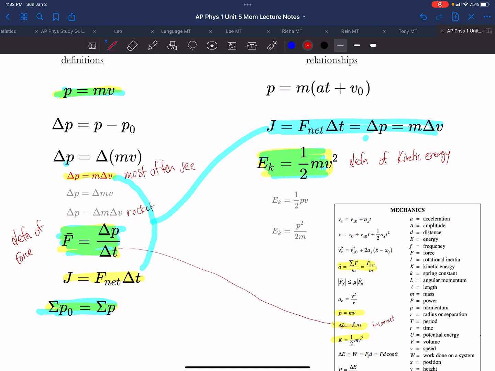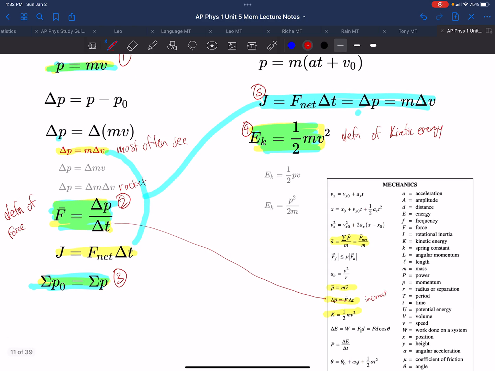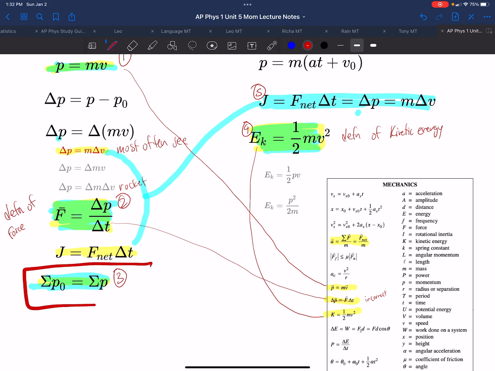So that gives us 1, 2, 3, 4, 5. And this one is given. This one is given. The two that are not given, this one and this one.